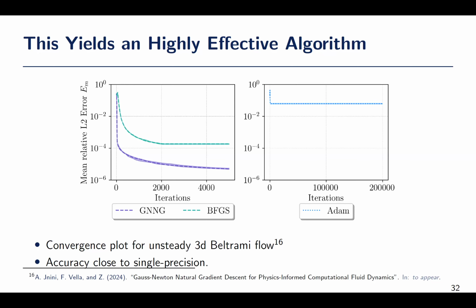Can you make a comment on how to invert the pseudo inverse? Yes, I can make this comment now. We have two methods. One is you assemble the matrix and you use an SVD-based solve because it can be singular.